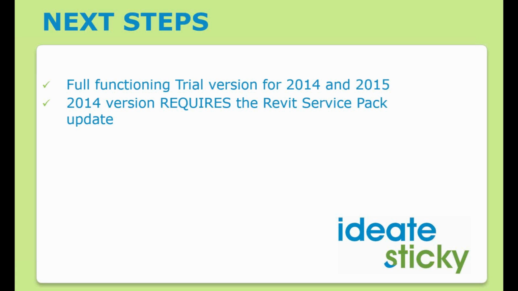It's available for both Revit 2014 and 2015, but I did want to note that the 2014 version would require that you've done at least one of the service pack updates. The initial shipping version of Revit 2014 would not support the use of Ideate Sticky. There is also a Getting Started guide within the help file.